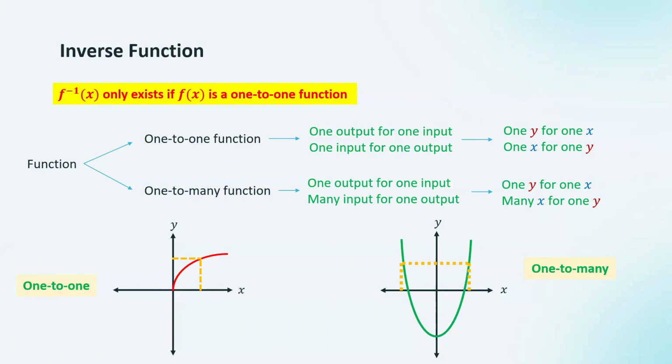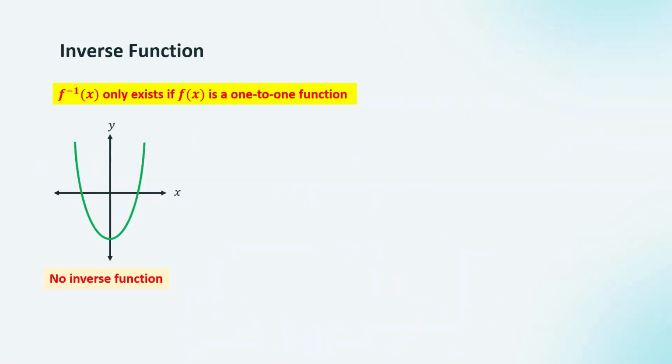Now, like I said before, the inverse only exists if it's a one-to-one function. Here's the case though. If the function is a one-to-many function, just like the quadratic function, does that mean we cannot find the inverse? Let's see the answer, okay?